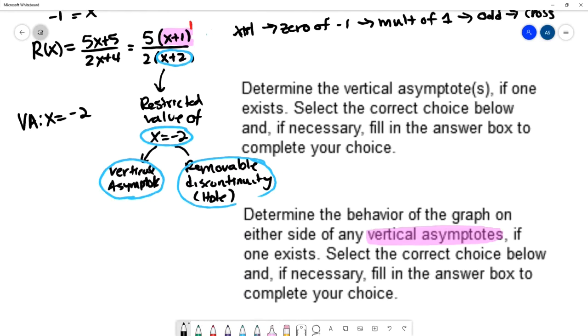With that definition, what we know is that as x approaches that asymptote, in our case -2, the y has two choices. Your y's will approach infinity, or your y will approach -infinity.